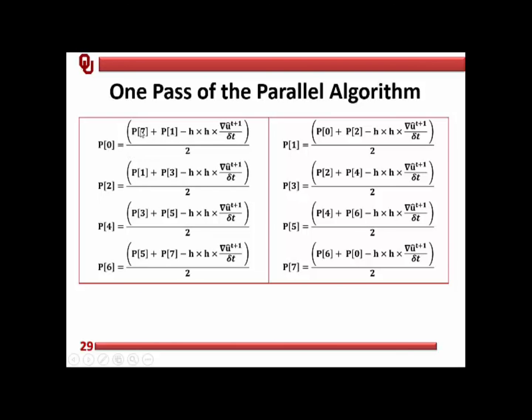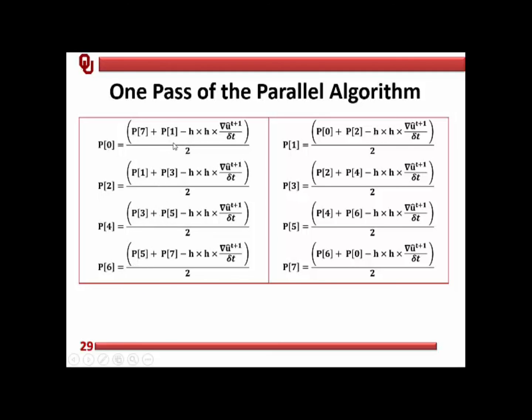And so you have here P0 dependent on 1 and 7, 1 and 3, 3 and 5, 5 and 7. If you notice here, this is extremely cache friendly, as 1 will be brought, and then the next calculation will depend on 1 and it is still there, and then 3 is still there, and 5 is still there.